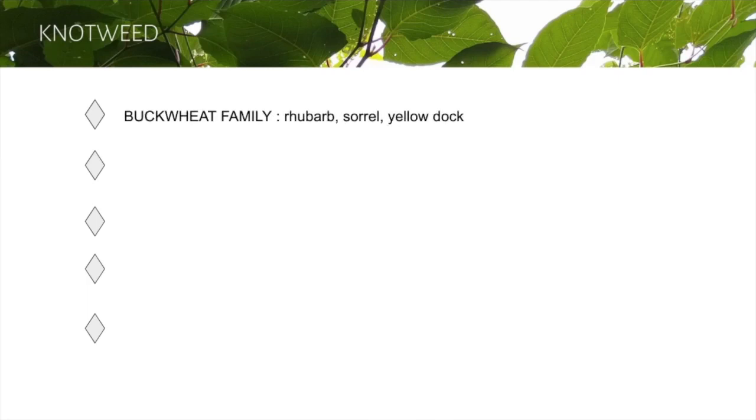Okay. So knotweed is a part of the buckwheat family. And some other plants in that family are rhubarb, sorrel, and yellow dock. In the resource section, there is a link to a Botany in a Day website, which is an excellent book, and this link shows an outline of buckwheat family plants.